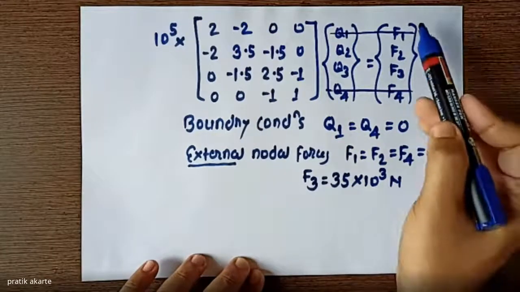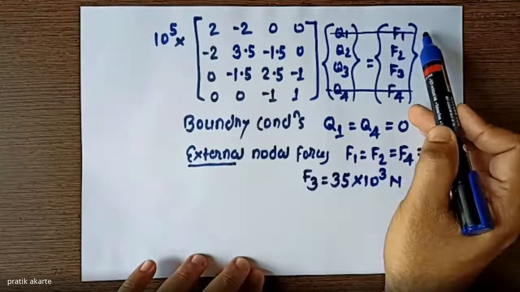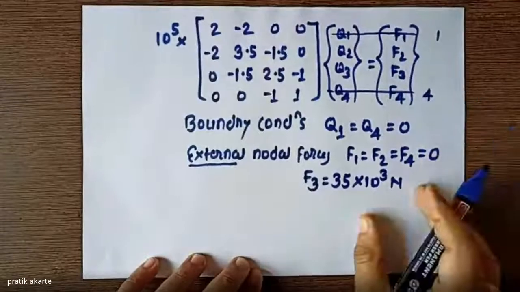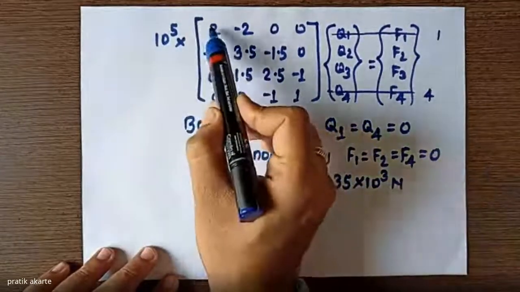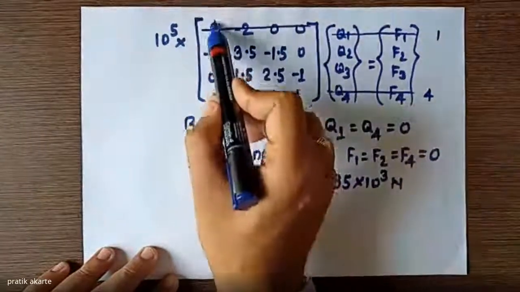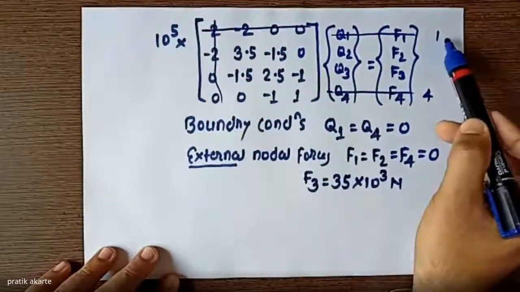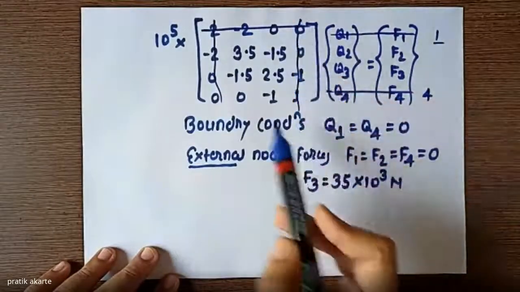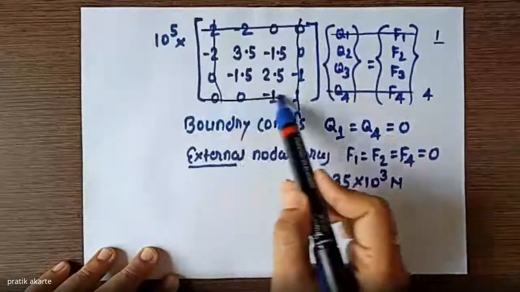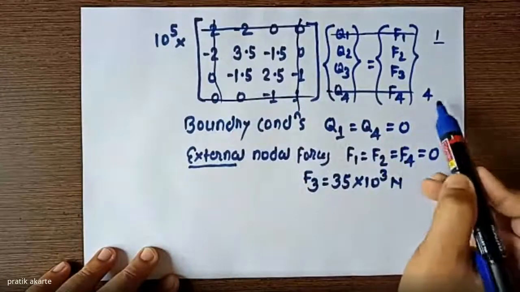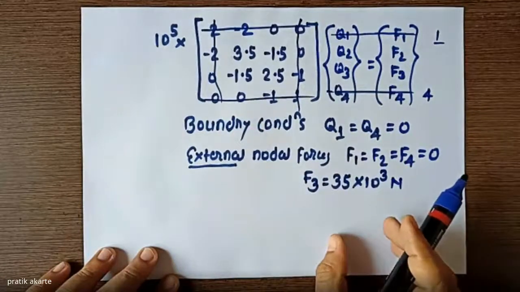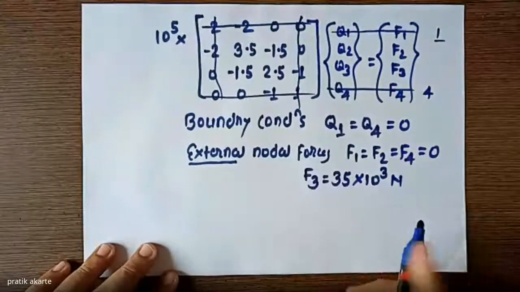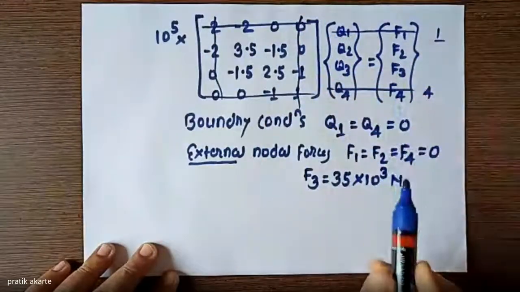Since the displacements are 0 at node number 1 and at node number 4, we'll be deleting first row, first column since it is at node number 1, and we'll be deleting fourth row, fourth column, since at node number 4 also the displacement is restricted. Okay, so this is by elimination approach.